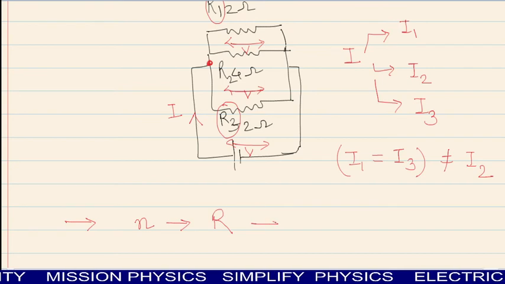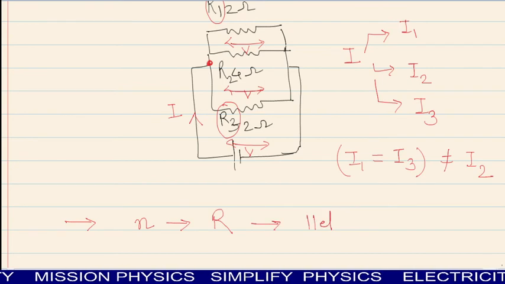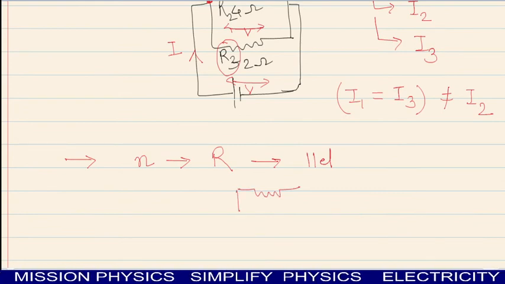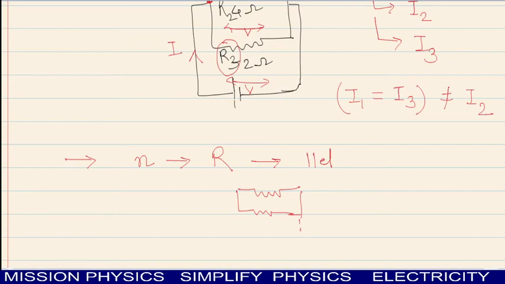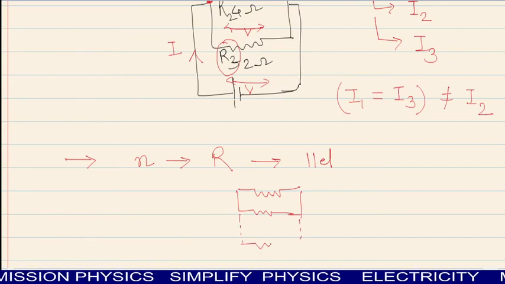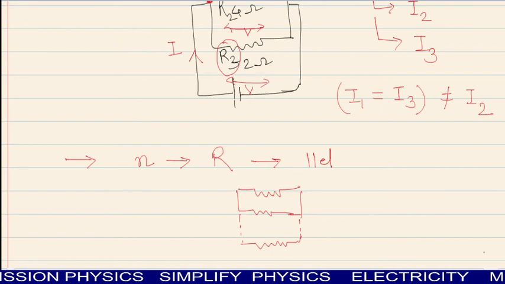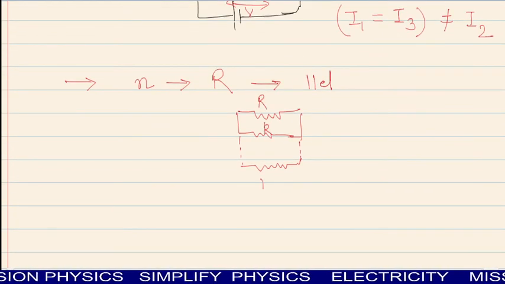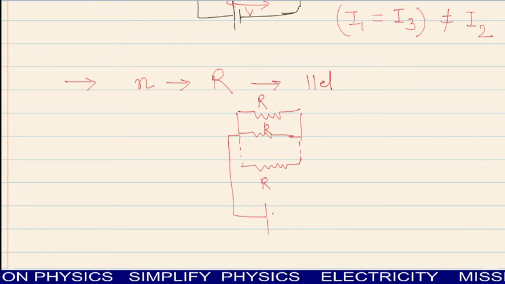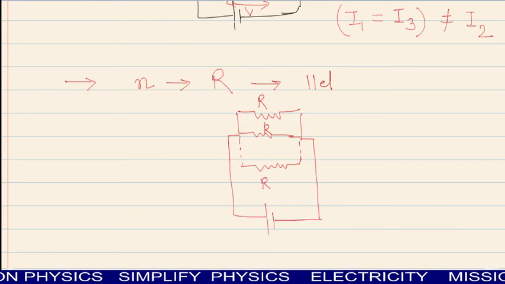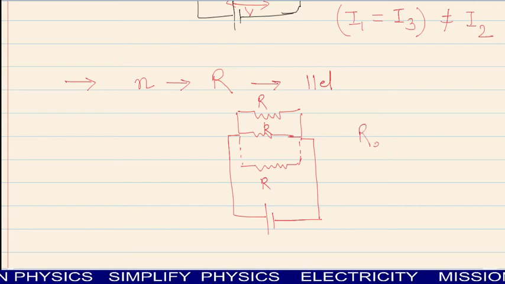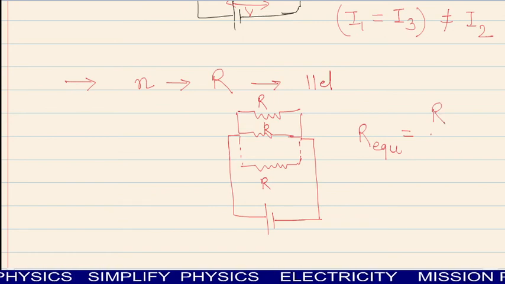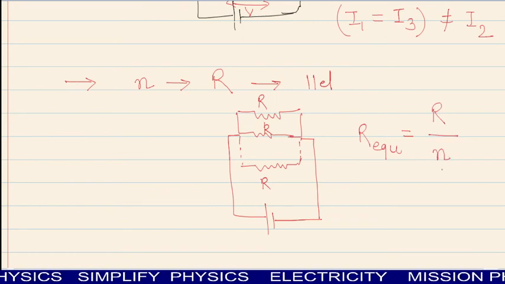Next important point is, if n identical resistor each of value r are connected in parallel, तो इसका भी हम डायग्राम बना लेते हैं. This is first resistor, second resistor and so on, and this is nth resistor, they are connected in parallel, each has value r, और इनको हमने लगा दिया एक EMF सोर्स के साथ पैरेलल में. सो वी गेट R equivalent equals to each resistance value divided by the number of resistor.